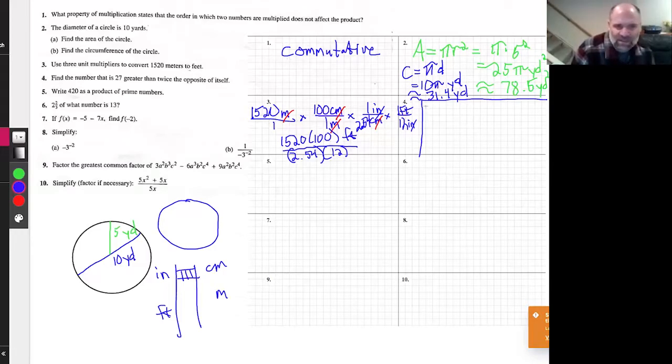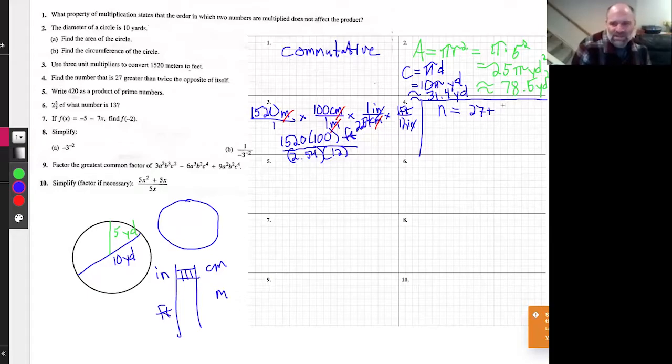So find the number that is 27 greater than, okay? So how do you say 27 greater than twice the opposite of itself? Well, first of all, find a number, that's n, right? So that is, how do you say 27 greater than? Well, that's addition. Twice the opposite of itself.